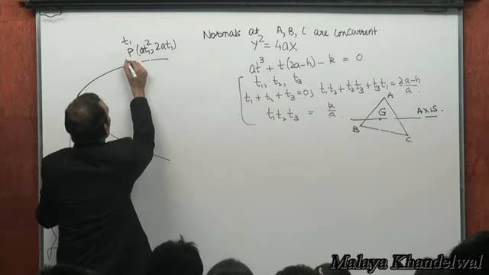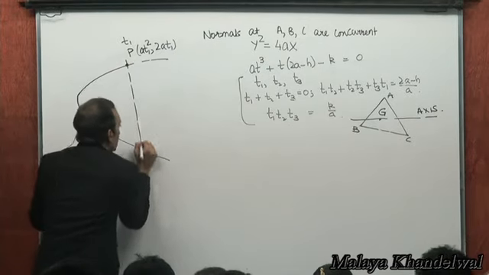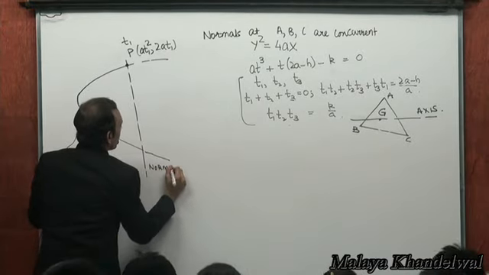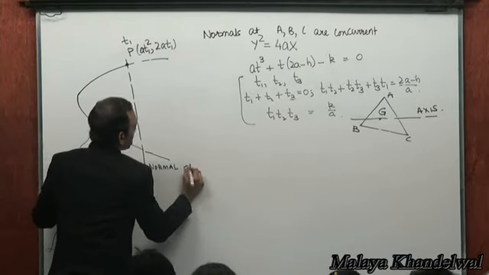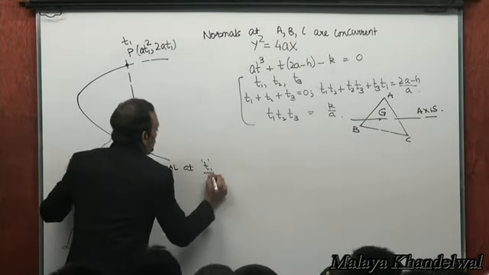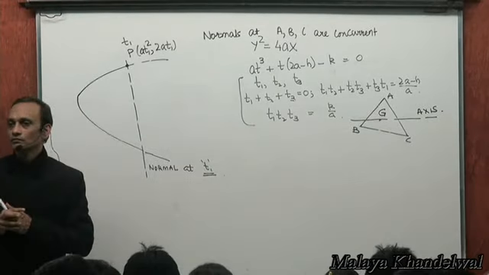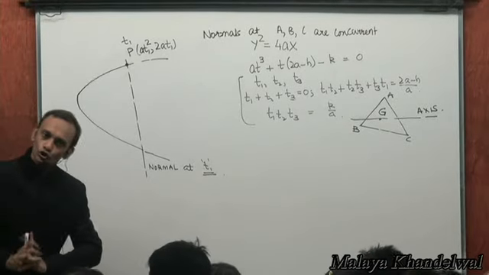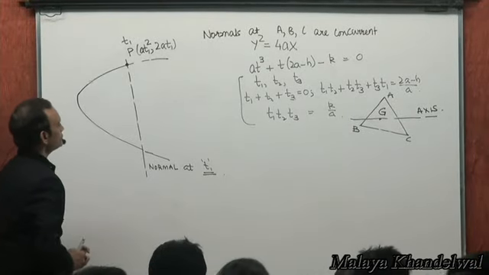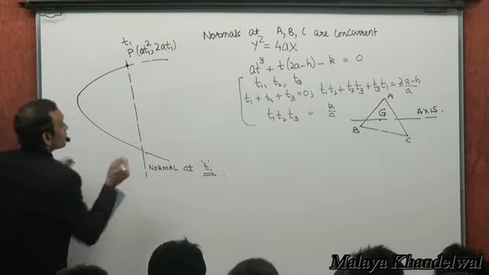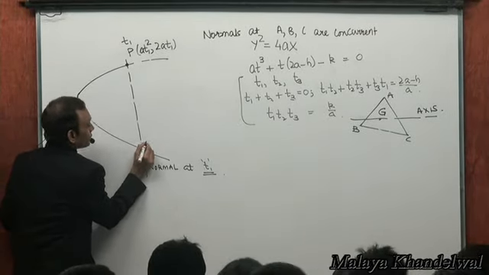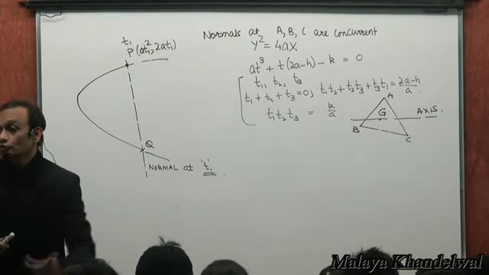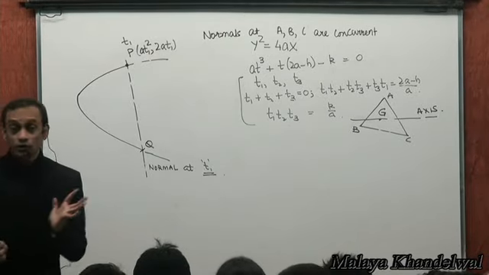And I draw a normal at P, a normal at T1. Then this point Q is the other end of the normal.